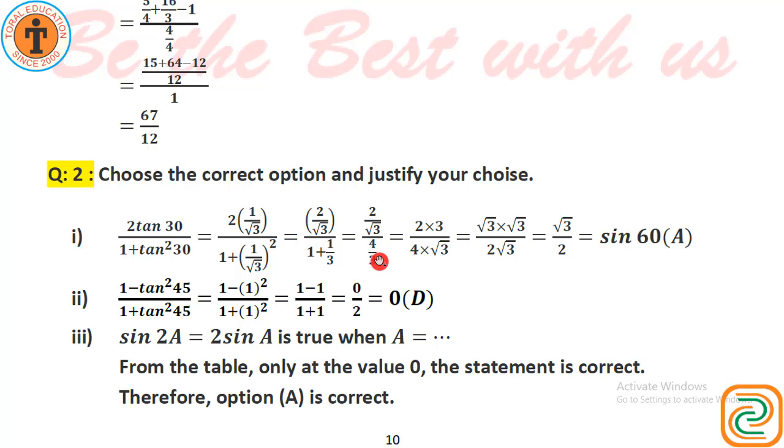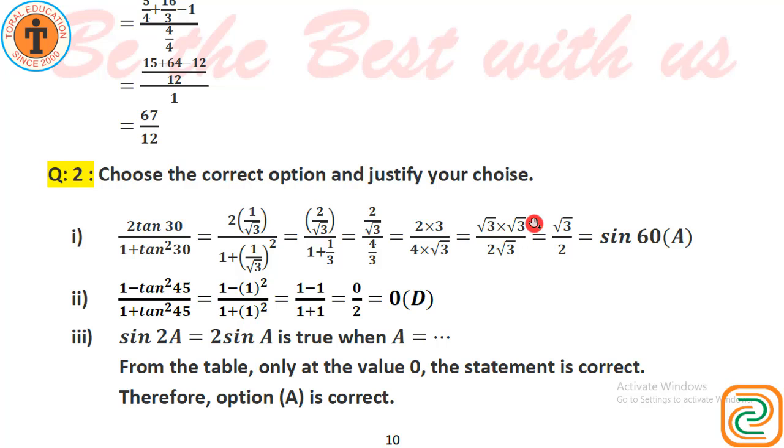4 by 3. Right? I have earlier told you that the denominator of the numerator goes to the denominator and the denominator of the denominator goes to the numerator. So 3 has gone here and root 3 has gone to the denominator. Look what I had done. 2 2s are 4, I have cut off the 2.